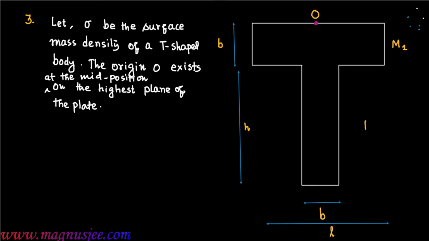M1 is the mass of the horizontal part and M2 is the mass of the vertical part. A1 and A2 are the areas of the horizontal part and vertical part of the T-shaped plate respectively.